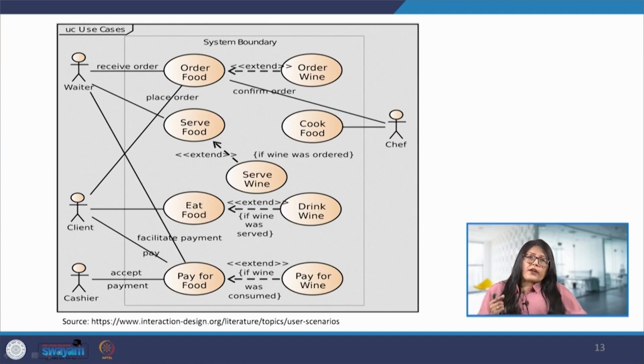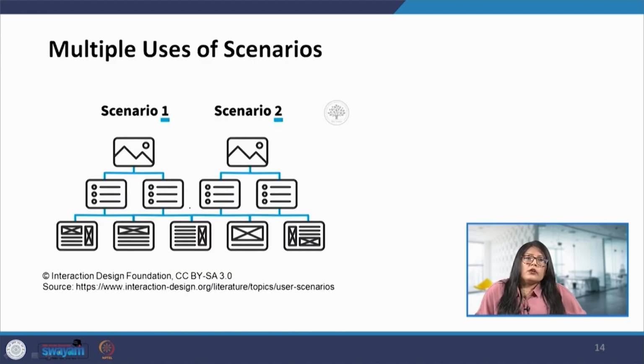So, when the interactions of user systems have too many flows, the use cases can become very complex and it may prove to be useless when we are trying to use them to understand the development phase of the project.